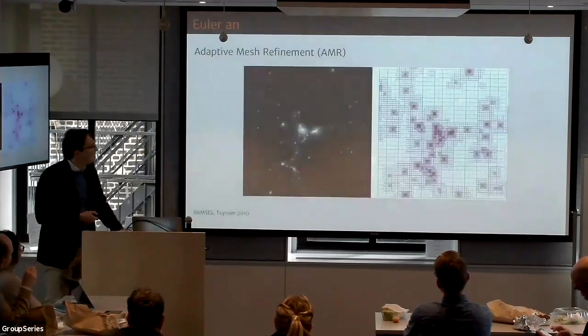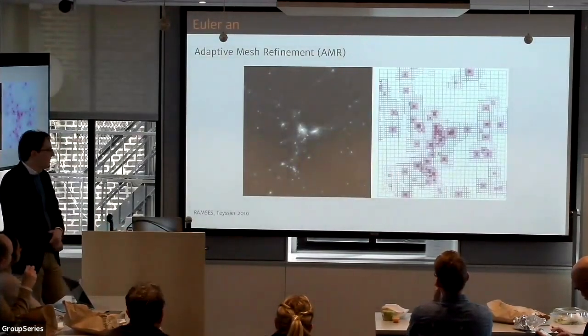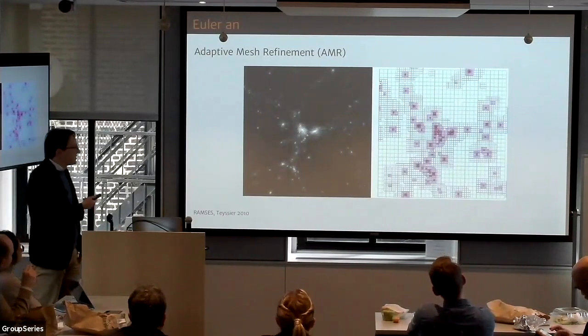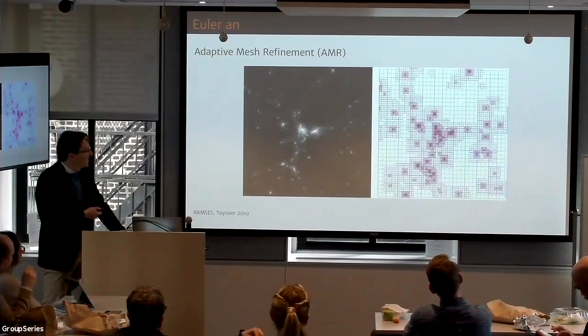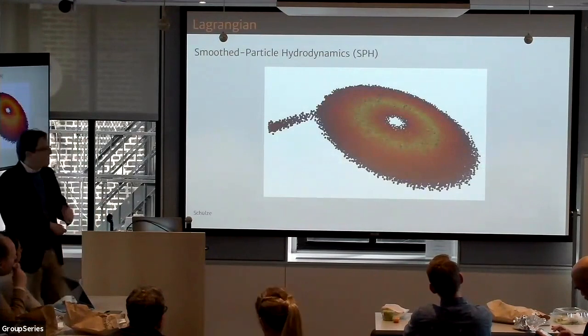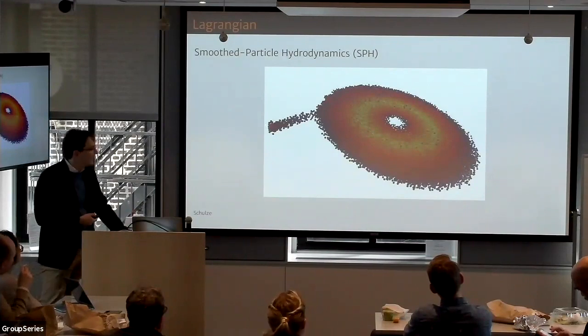State of the art for Eulerian schemes would be methods like adaptive mesh refinement, which can zoom in on small features in your solution. For Lagrangian schemes, you have smooth particle hydrodynamics, which are great at handling areas with vacuum boundary conditions, open space.